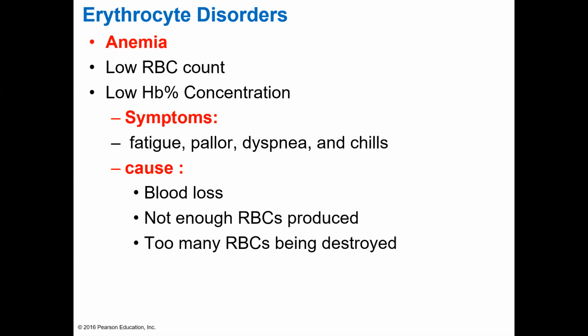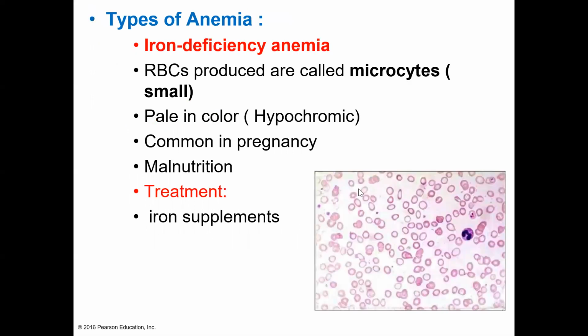And then where do they go? They go to the graveyard. And where is that? That is the spleen. This normally takes place over 120 days. But sometimes this goes faster or more rapidly than it should, and this is called hemolysis. In this condition, it is going to cause anemias.